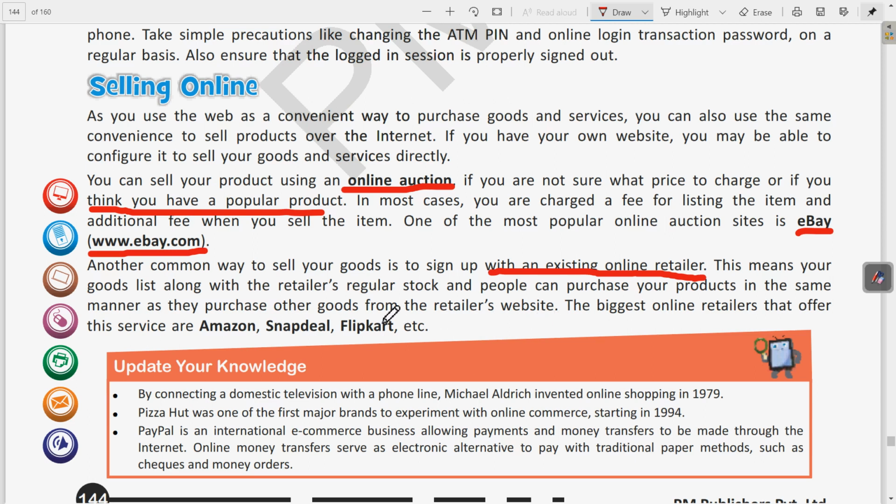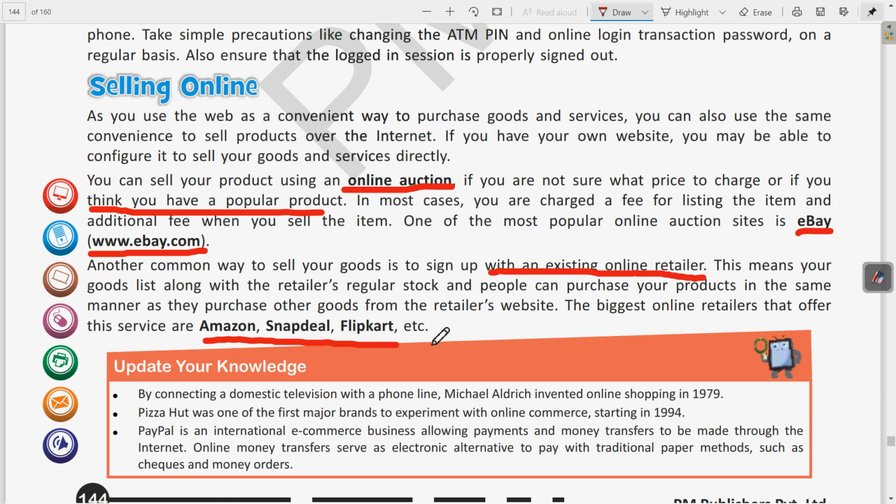Suppose the different retailer websites like Amazon, Flipkart, Snapdeal; here you can see the examples also. When we purchase things, it is not necessary that the product is provided by the same manufacturer only. There are different e-retailers. In a similar way, we can also be an e-retailer on these web platforms.